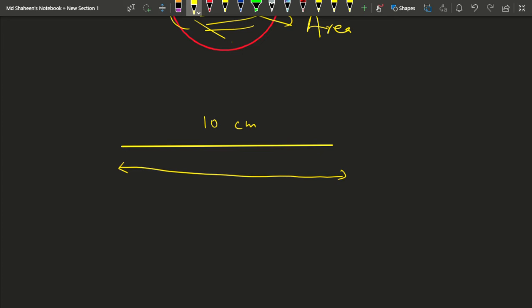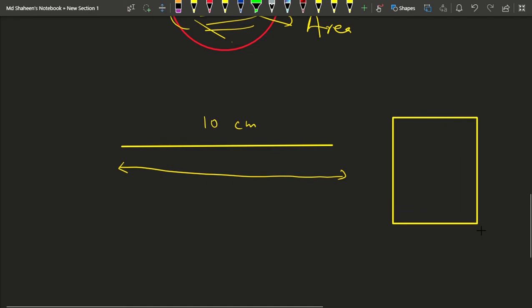But in case of area, we need two dimensions. Say we have to find the area of this figure. You will need two things.